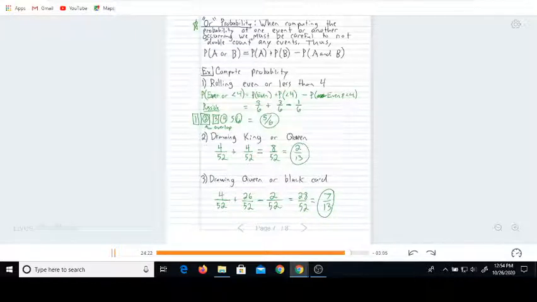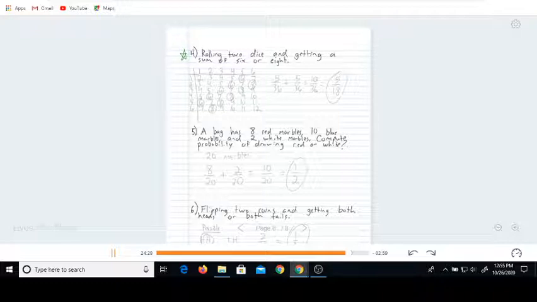Alright. Let's look at just 3 more examples. Looking at example number 4. Compute the probability of rolling 2 dice and getting a sum of 6 or a sum of 8. So if we roll 2 dice and take the sum, there's 36 possibilities. So it's that same chart we did earlier in the lecture.